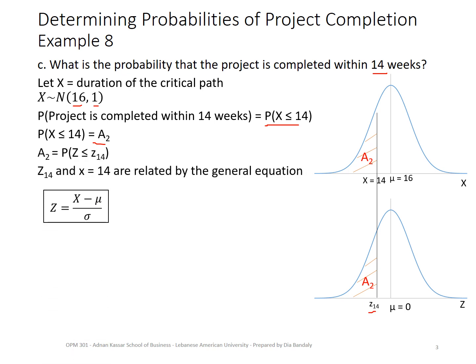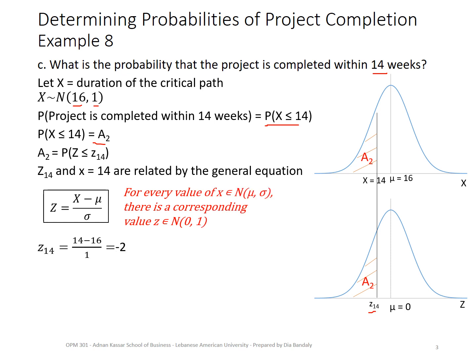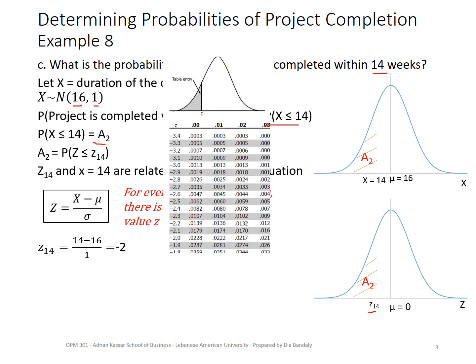How to find Z14? Also the same concept. We find Z14 to be 14 minus 16, so x minus mu over sigma, which gives minus 2. I'm going to show you also an extract from the Z table where I can locate Z equal to minus 2. Here we go. You can see Z equal to minus 2 in the last rows.